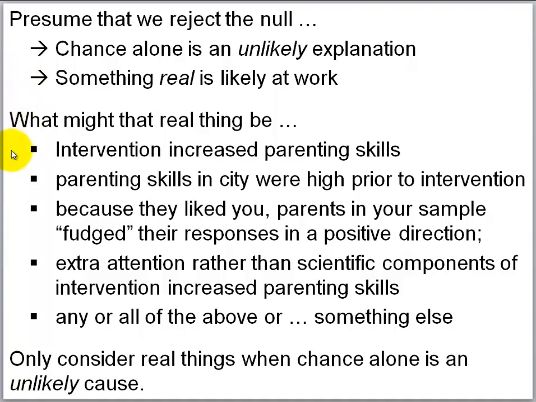And so I thought I'd just talk through some of the real things that might be leading to the difference that we see here between your study result of 105 and the value in the null. So we're presuming that's a real difference.